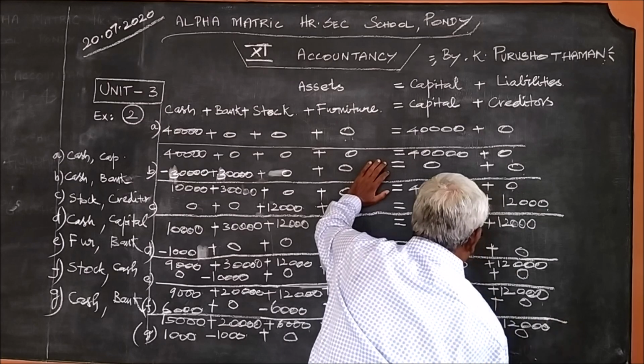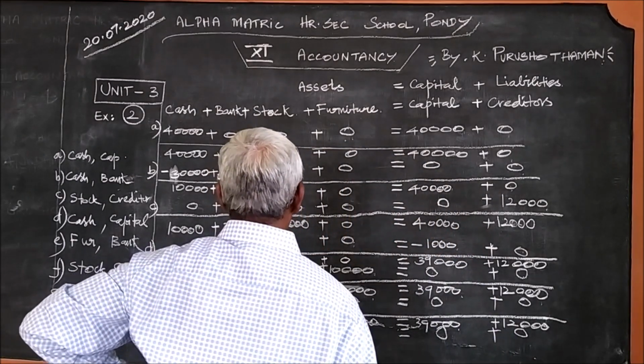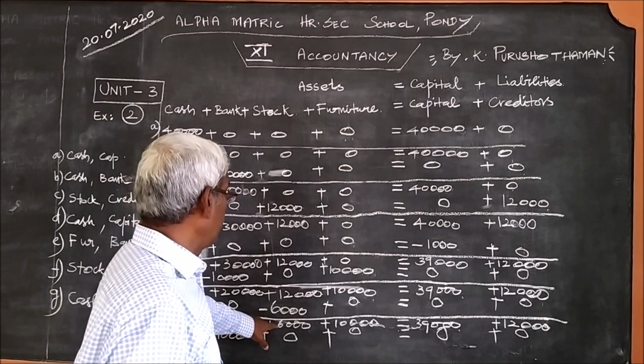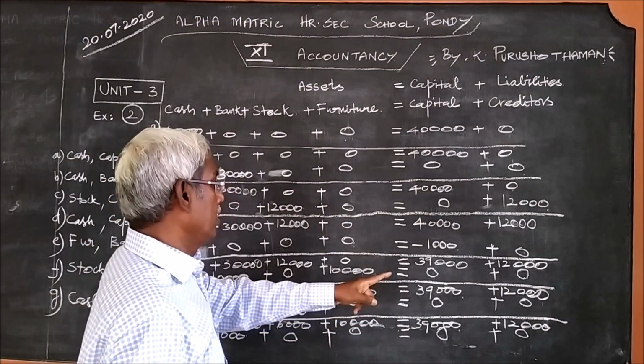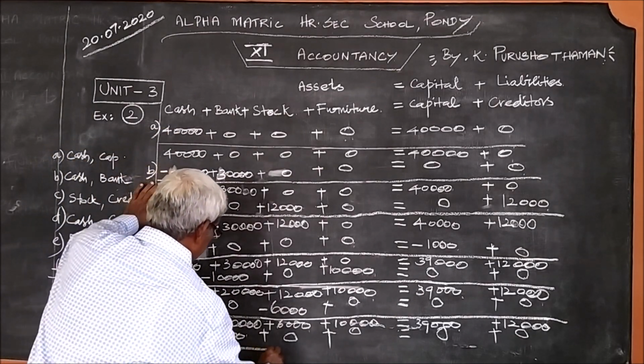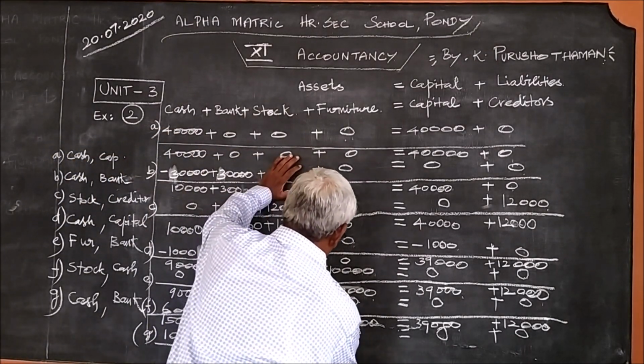Every step you can check whether the right hand side is equal to the left hand side. 15 plus 20, 35, 41, 51. 39,000 plus 12,000, 51,000. And once again you can do the last step.